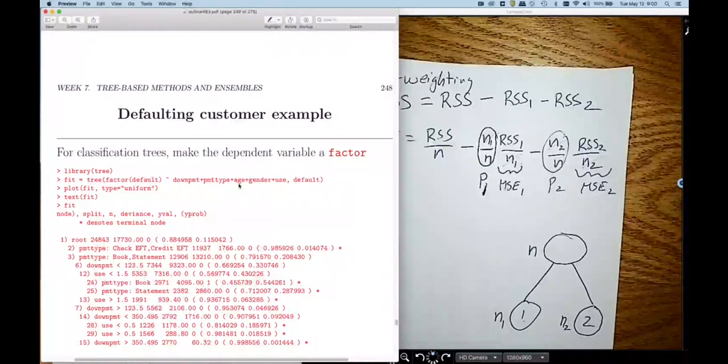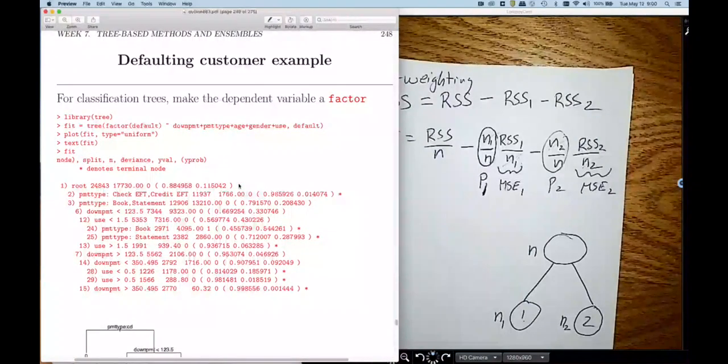So how do you fit these things in R? The answer is we're going to simply make the dependent variable a factor. Whenever the dependent variable is a factor, R will automatically choose to use either Gini or entropy.